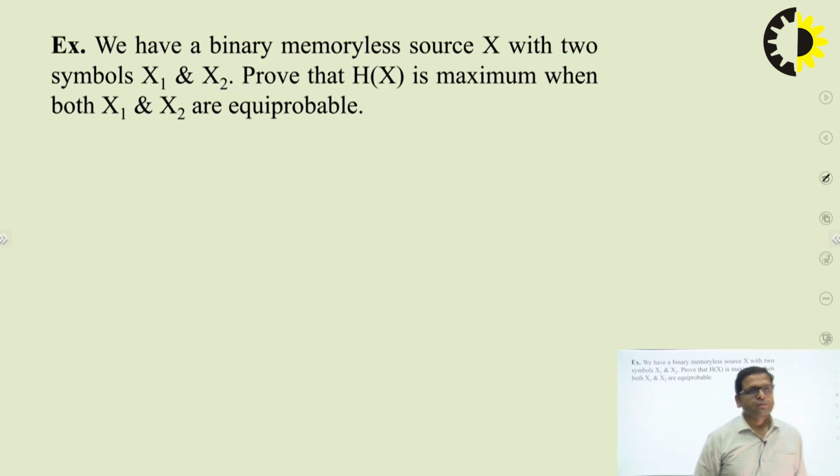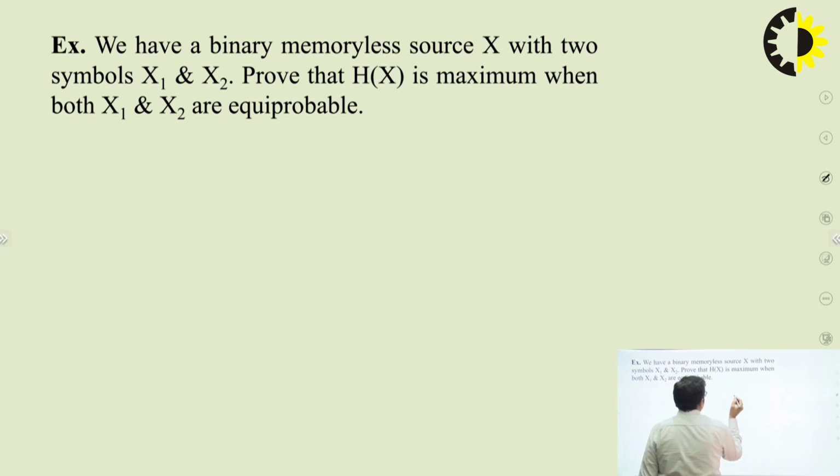Now, we will derive an expression for the entropy function of a binary memoryless source which emits two symbols x1 and x2, and we will prove that entropy is maximum when x1 and x2 are equiprobable.